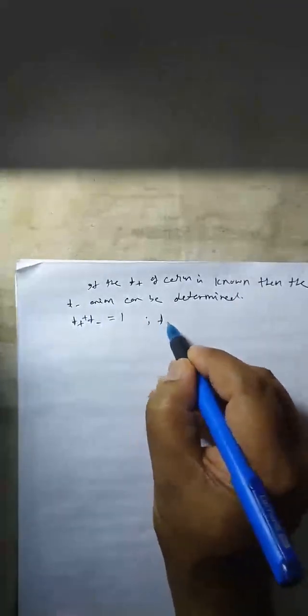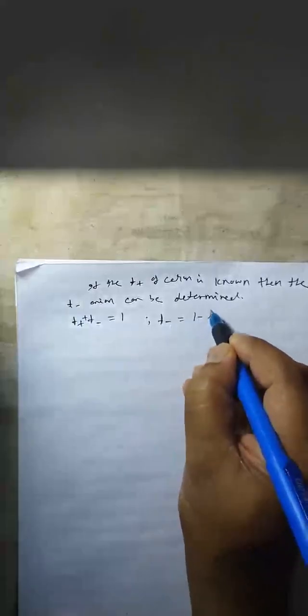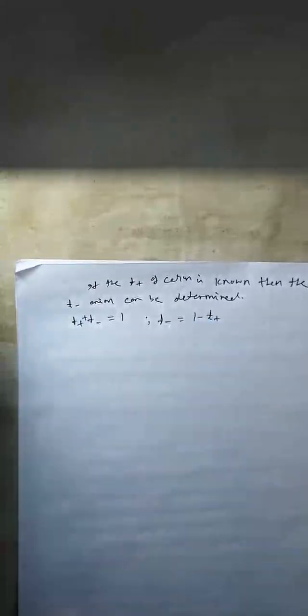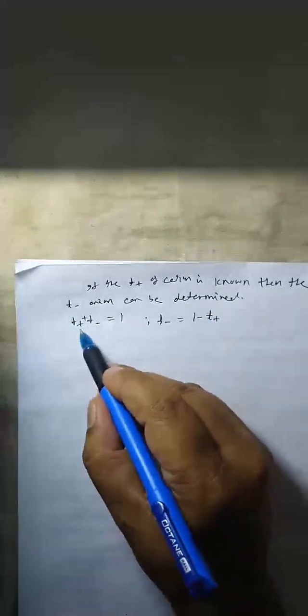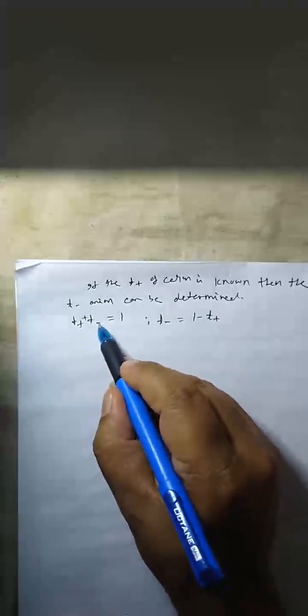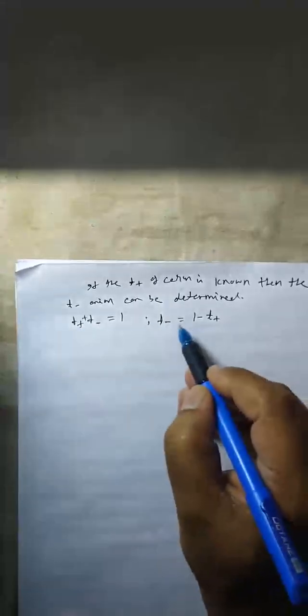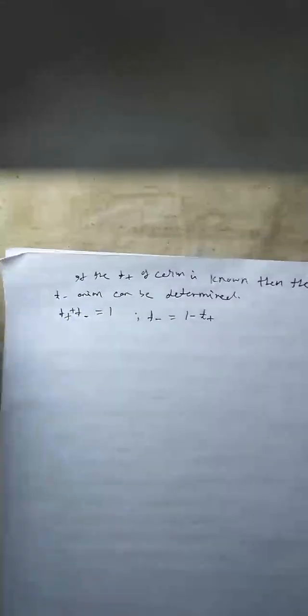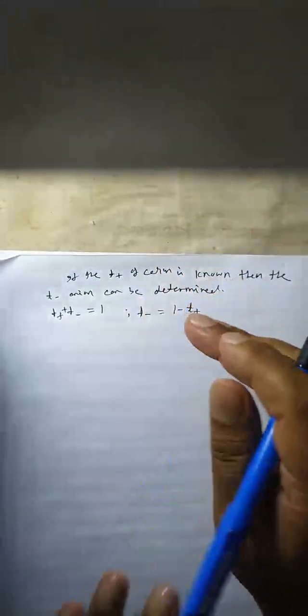If the transport number of cation is known, then T minus is equal to 1 minus T plus. So if I want to find out the transport number of anion, then the transport number of anion is 1 minus T plus. That means it is clear what a transport number is.